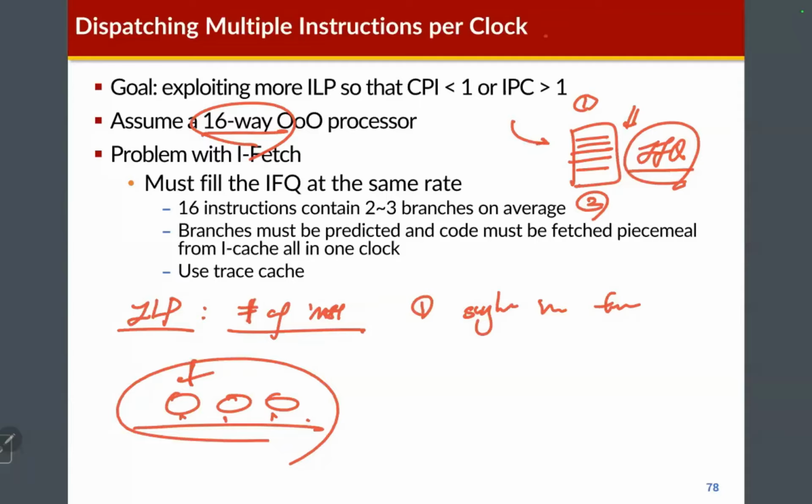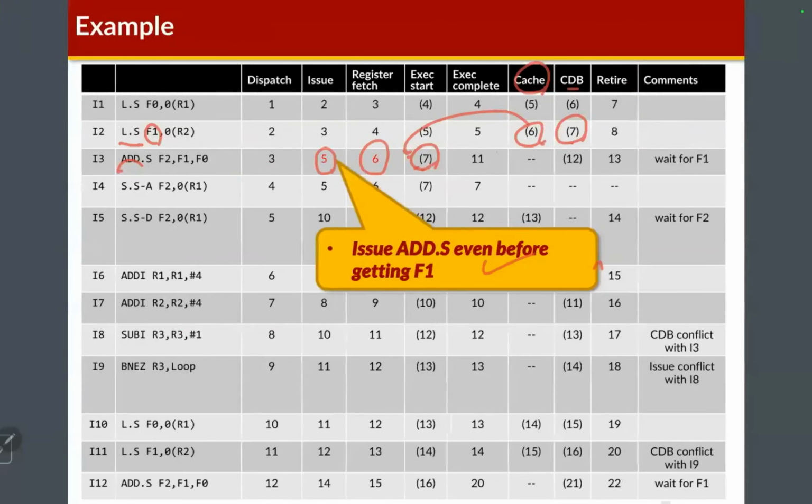So think about this timing table of the out of order processor. We cannot find any instruction fetch stage here because we assume that the instructions are already fetched in the instruction fetch queue. So in order to support a superscalar, we need to improve the dispatch or decoder engine.